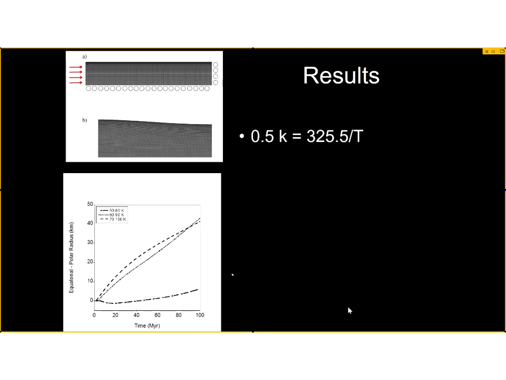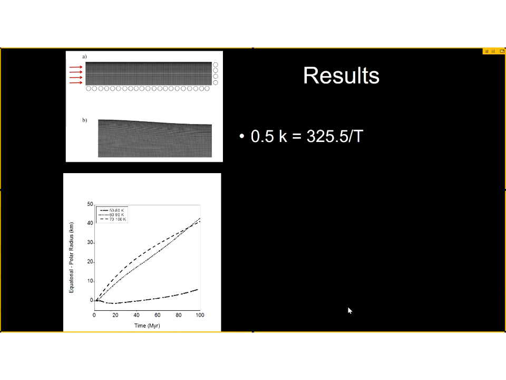Okay, so some of my most effective models were about half of the normal conductivity value, so that's about 325 over T. That makes the ice at depth a little bit warmer. Here is what you're looking at, 3 outputs of this equatorial minus polar radius, and then time. So you can see how the bulge grows through time.